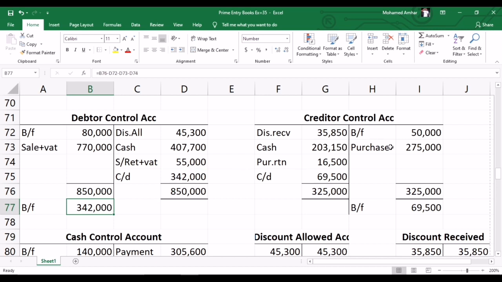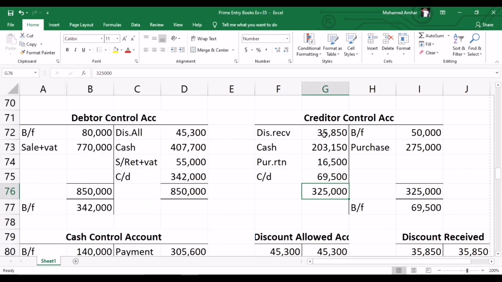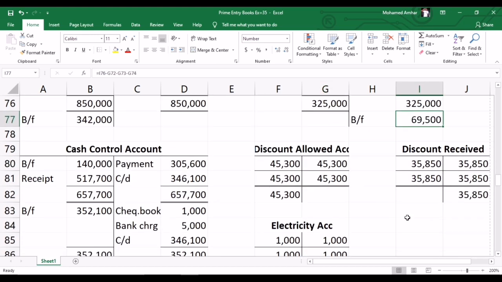Same as creditor, total is 50 and 275, 325. So total 325. From this 325, deduct these amounts, deduct and find out the carried down balance. So this is brought forward.